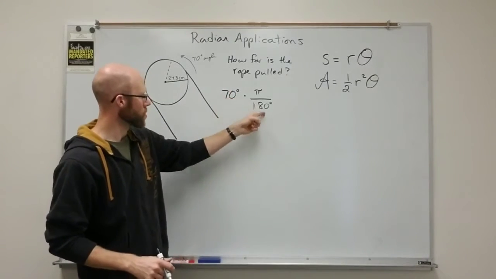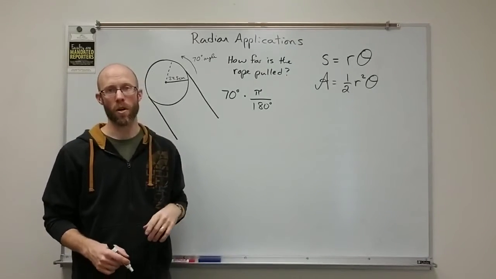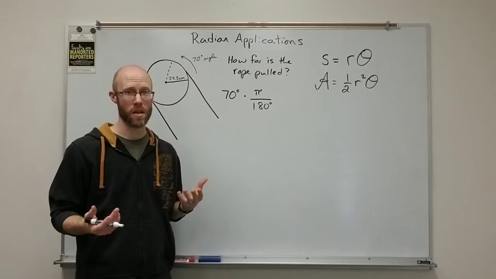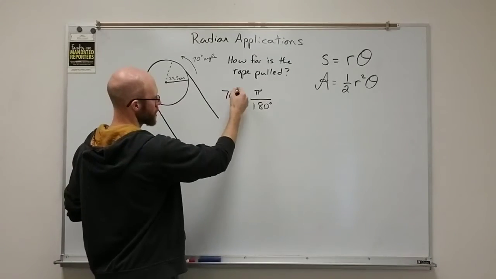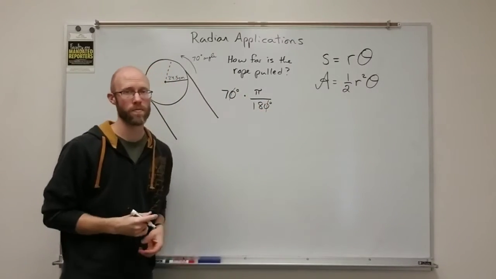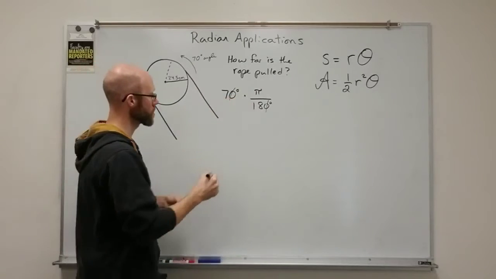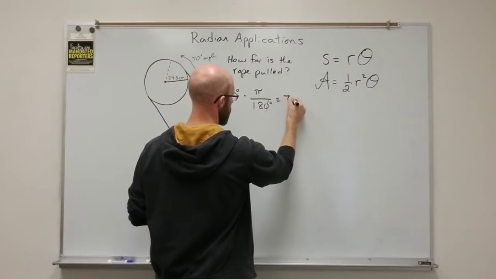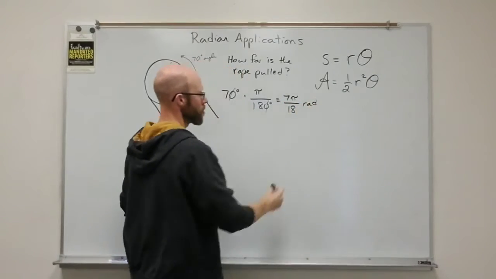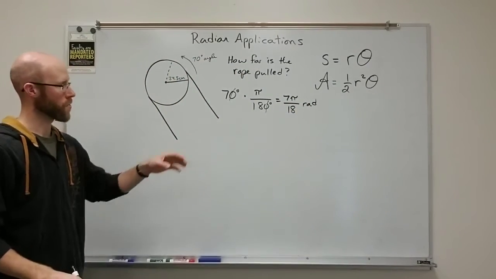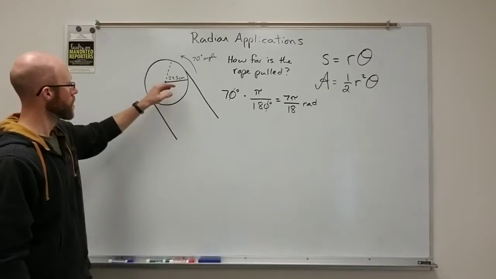I need to reduce the 70 over 180. Well, I can divide them both by 10. They're both multiples of 10. When I divide them both by 10, the zeros essentially drop out. And so what I'm left with is 7 pi over 18 radians.